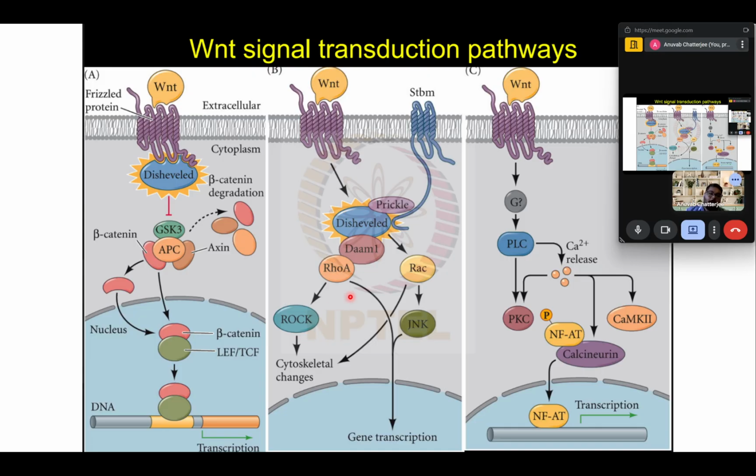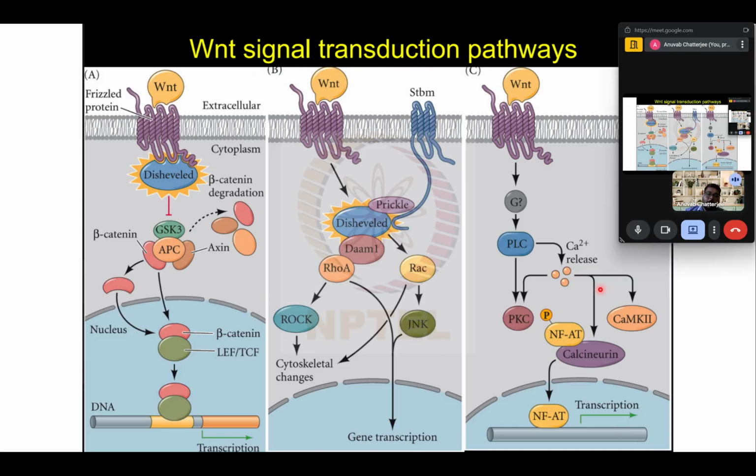And finally, the third way Wnt can interact with frizzled is that it activates, via other G proteins, the phospholipase C, which causes, finally via a cascade, release of calcium. This release of calcium activates calcineurin and NF-AT, another transcription factor which goes into the nucleus and causes transcription.